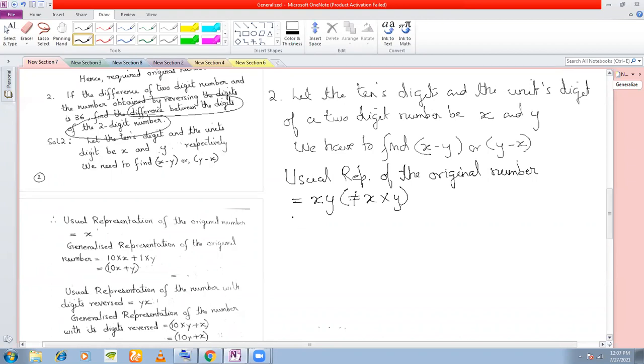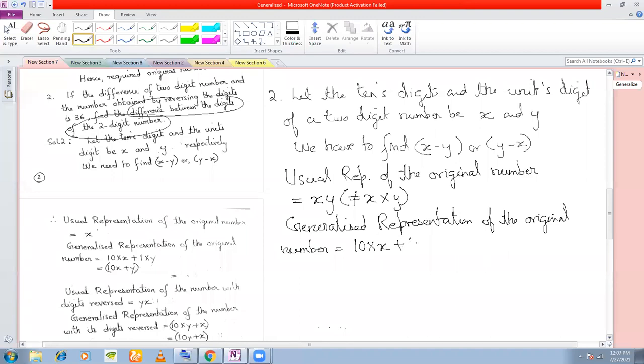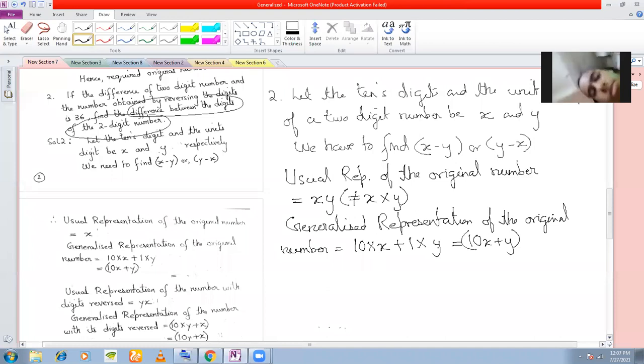Next, the generalized representation of the original number. X is the tens digit, so you multiply x by 10. Y is the units digit, so you multiply 1 with y. So the generalized representation of the original number is 10x plus y. Okay.